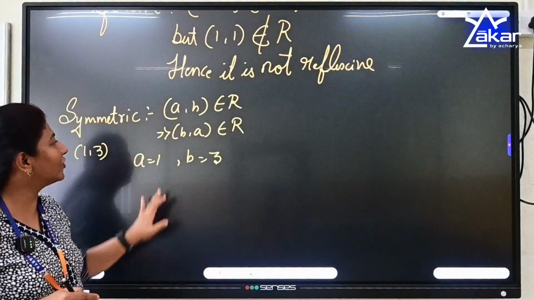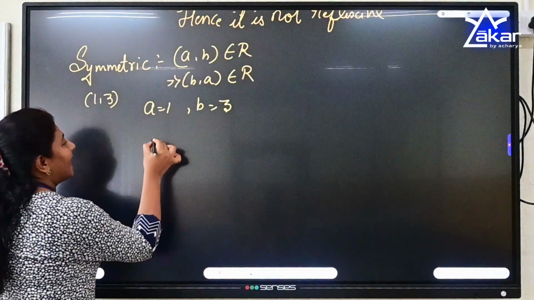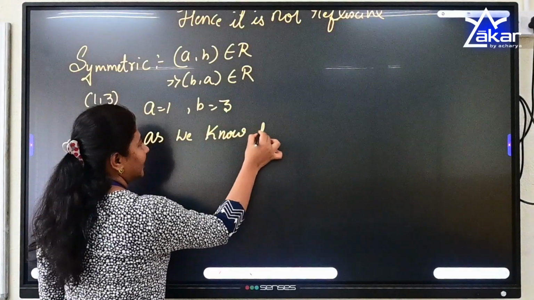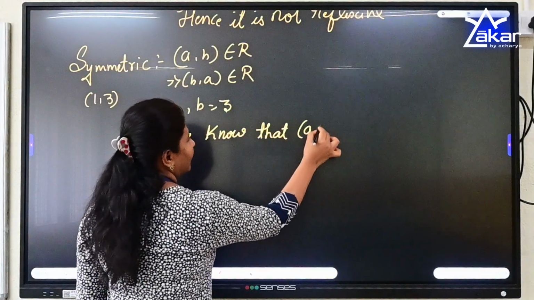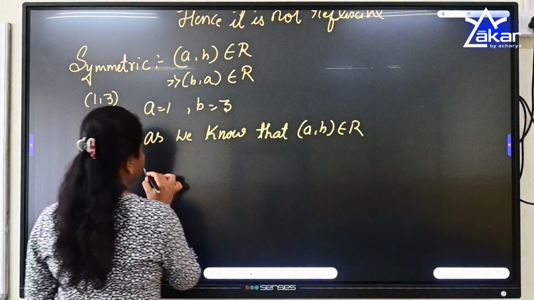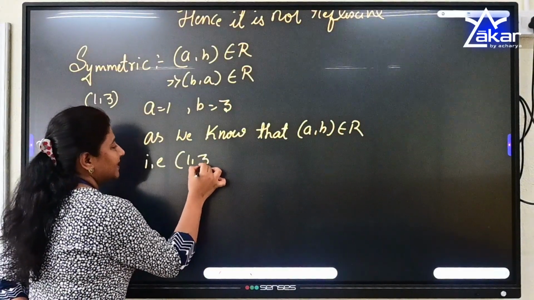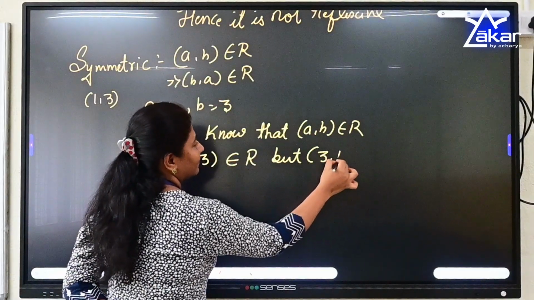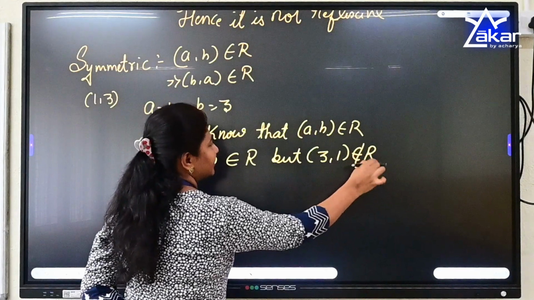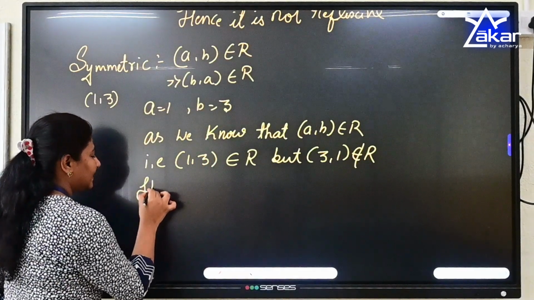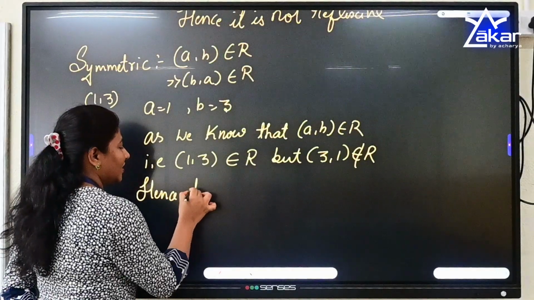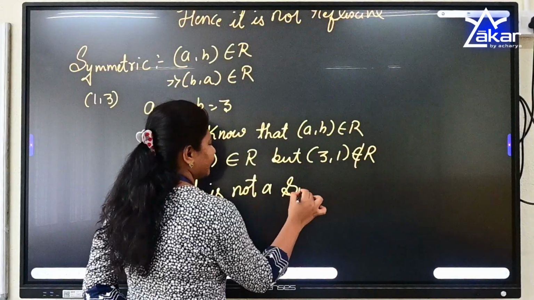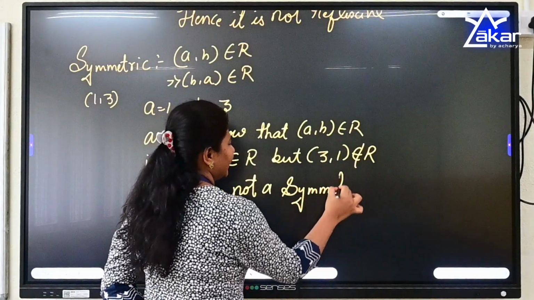No. So, therefore, we can directly write it as we know that a comma b belongs to R, that is 1 comma 3 is belonging to R, but 3 comma 1 does not belong to R. Hence it is not symmetric.